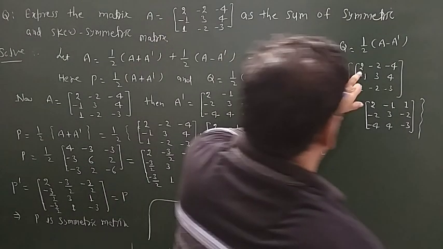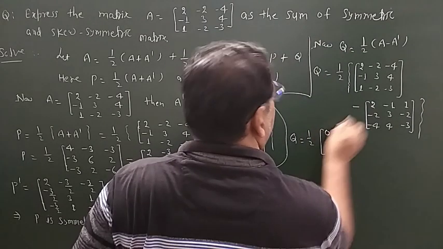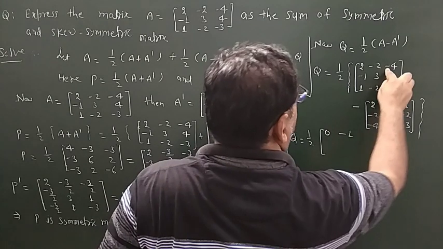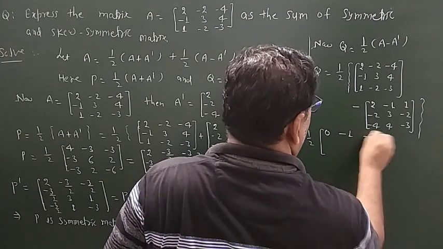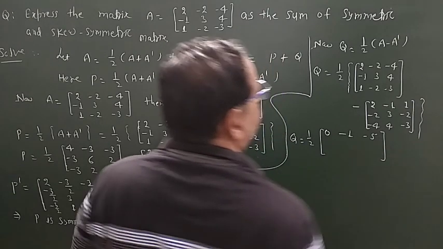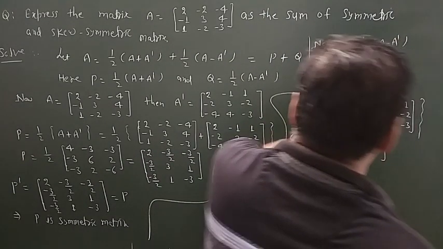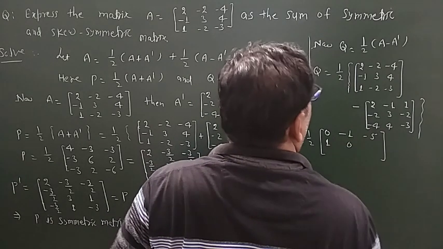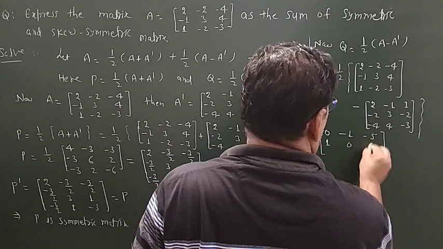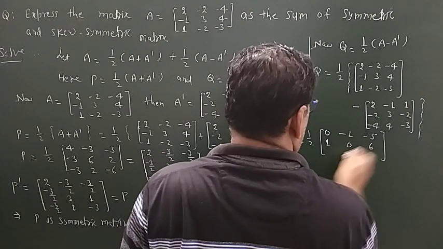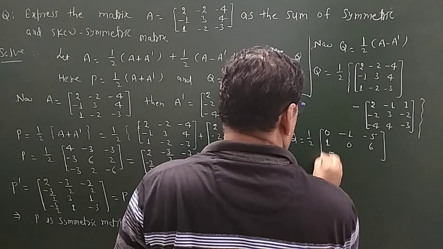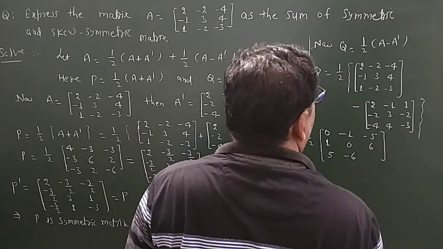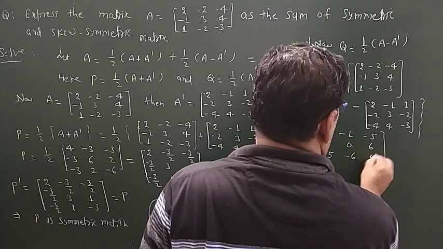Now we have 2 minus 2 become 0, -2 plus 1 this become -1, -4 -1 is -5, -1 plus 2 this become 1, 3 minus 3 is 0, 4 plus 2 is 6, 1 plus 4 is 5, -2 -4 is -6, -3 plus 3 is again 0.